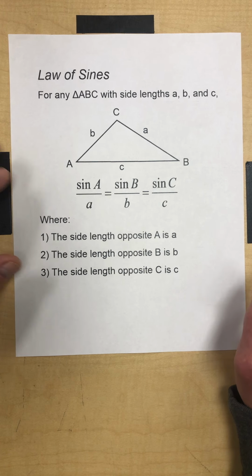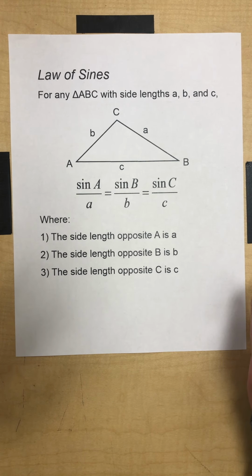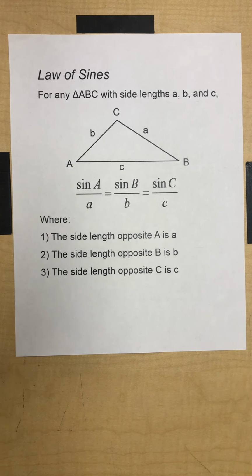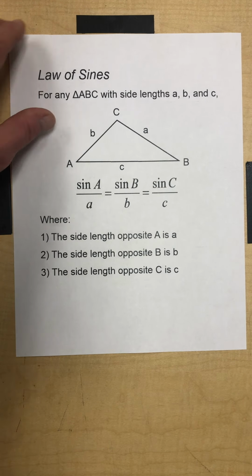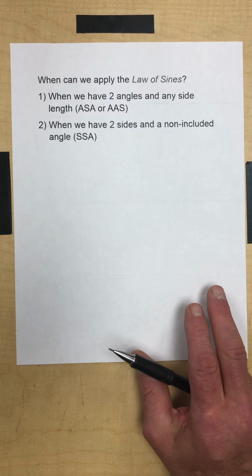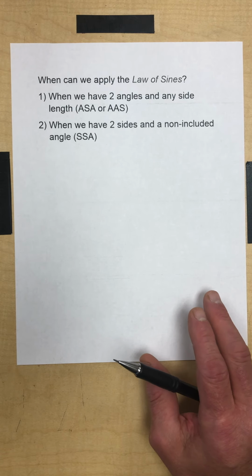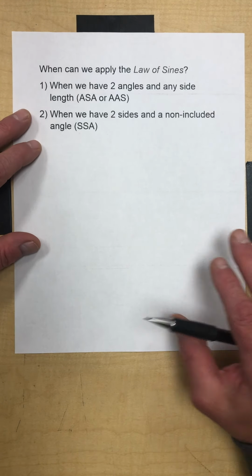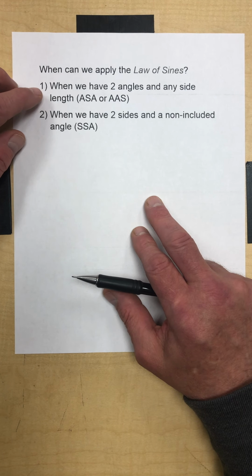There are only specific instances where you can use the law of sines, and those are right here. If we're in a situation where we know two angle measures and one side length, we can use the law of sines.